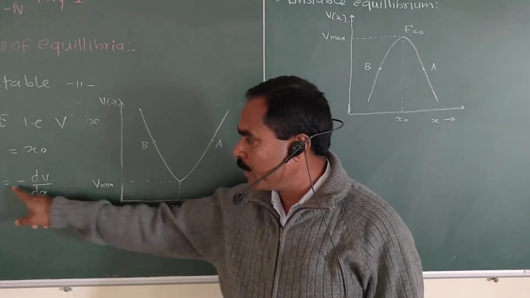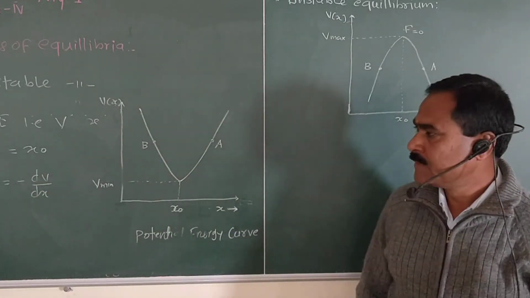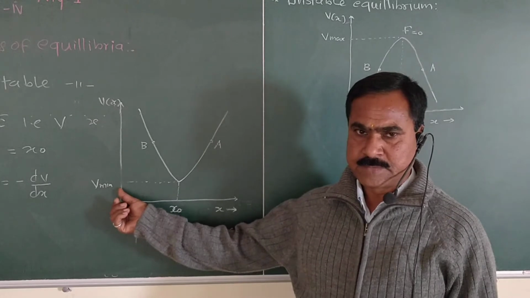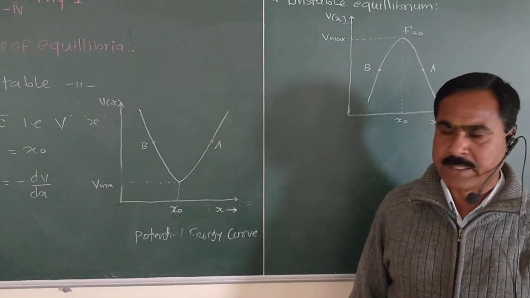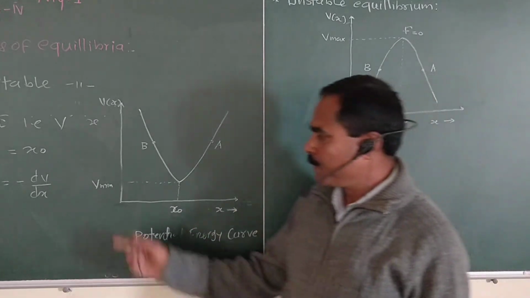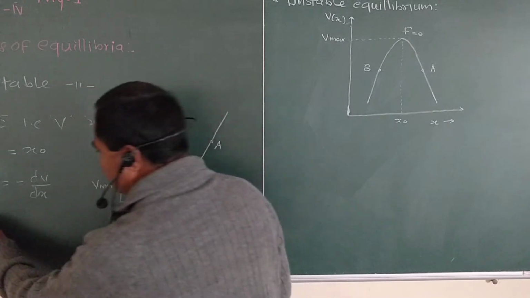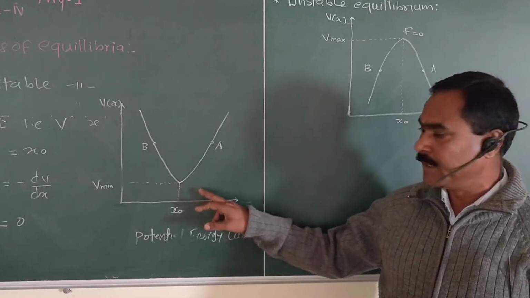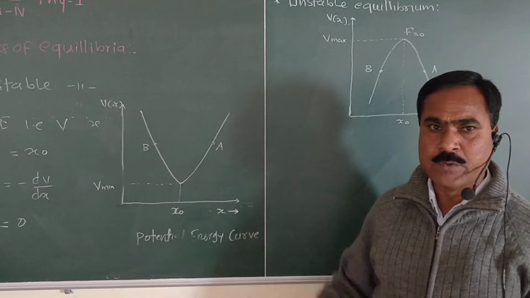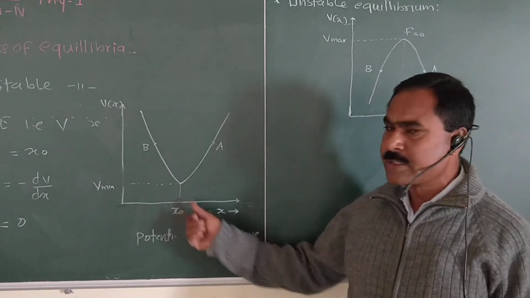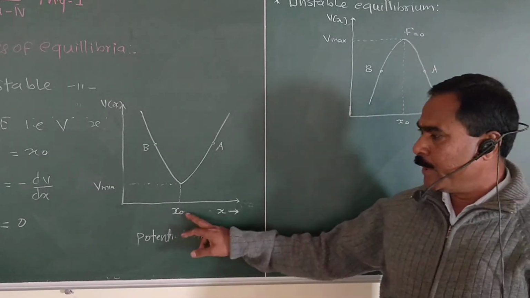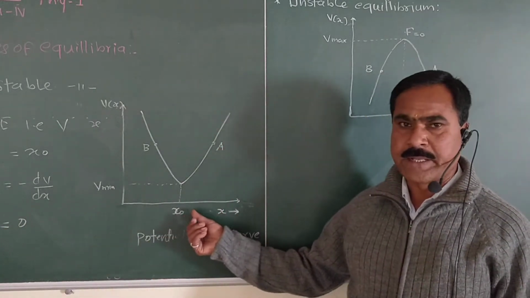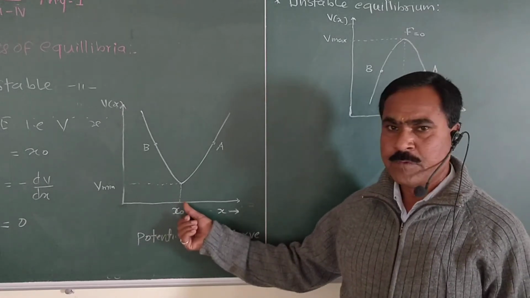Now the point x equal to x naught is where potential energy is minimum, and there the force acting is 0. When the force acting at that point is 0, this position is called the equilibrium position or mean position.